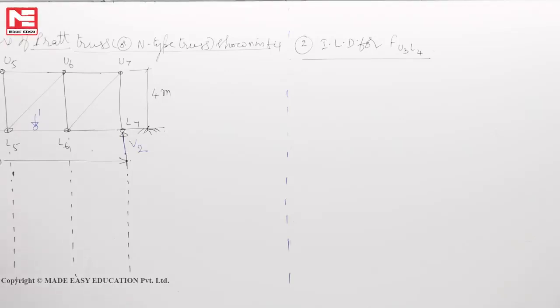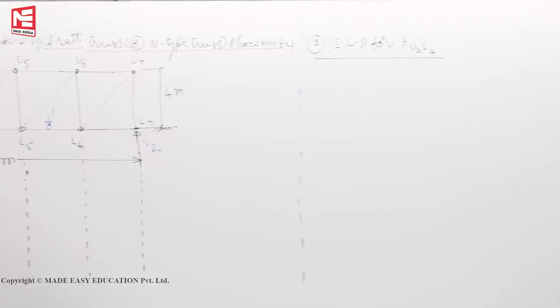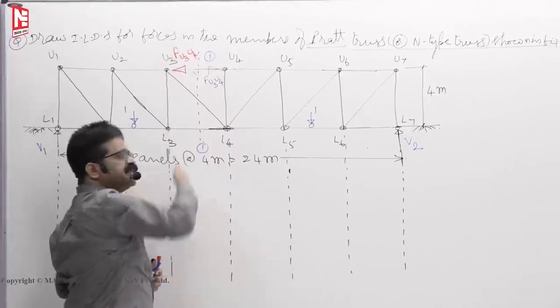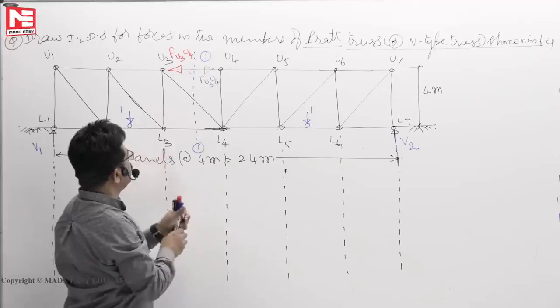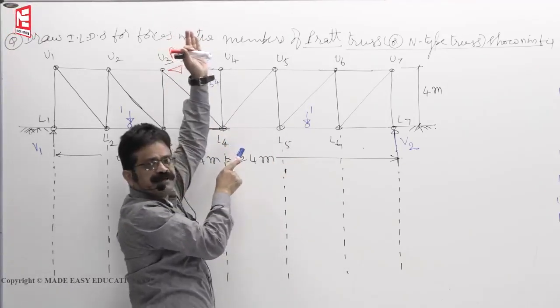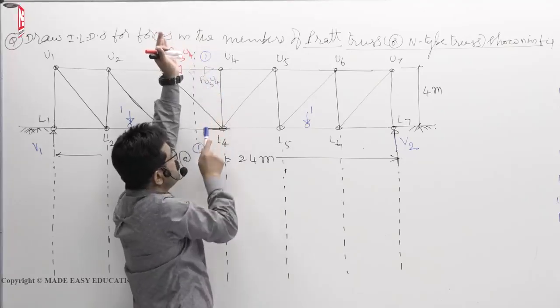Now we are interested in F U3 L4. For the member F U3 L4 also you have to cut it by 1 1. Load is somewhere here. Now look right side. Now we are interested in the diagonal member. We don't want horizontal.